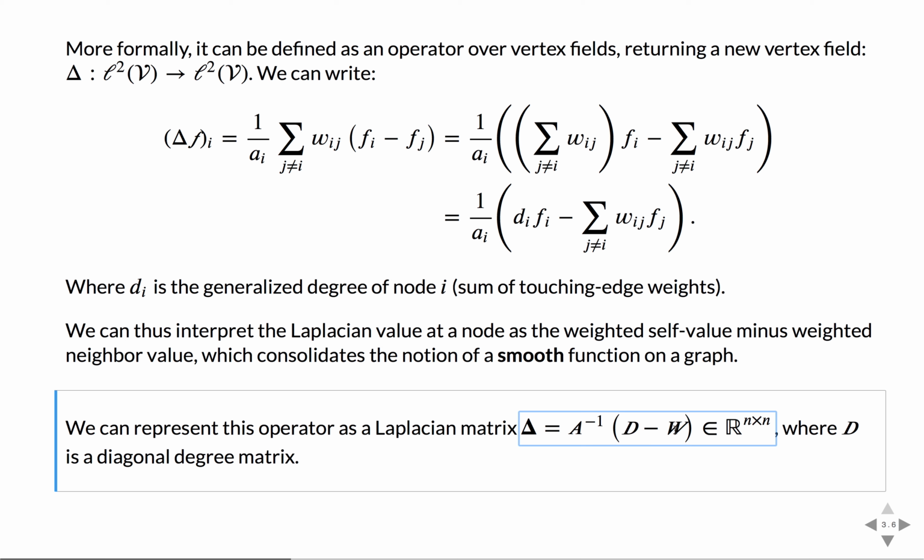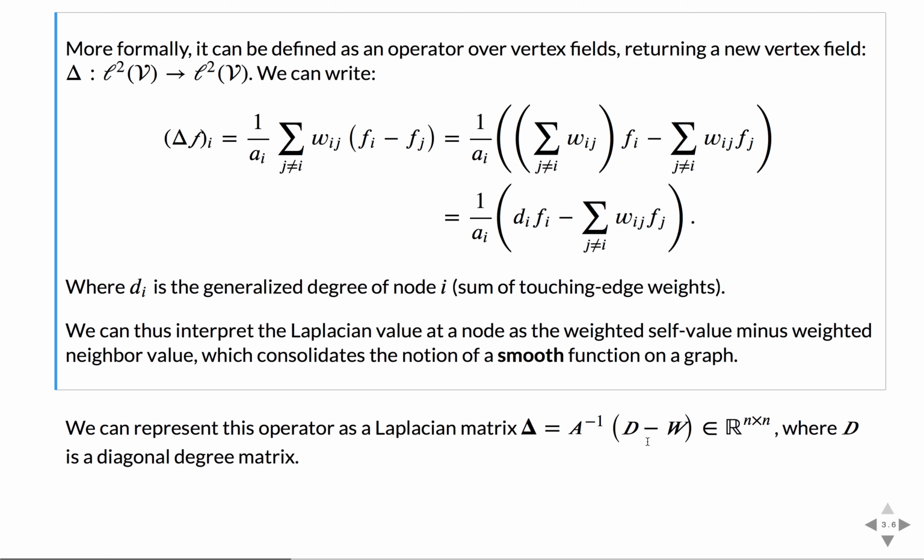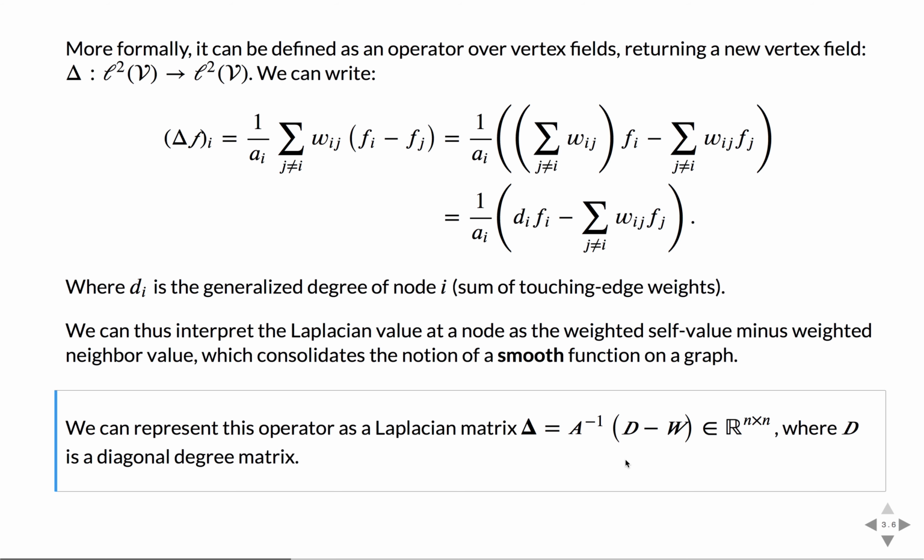Or, as you saw, there were other ways to normalize, which we'll see an example of when we see our application later. We'll see a different kind of normalized Laplacian. Okay, and this degree matrix is simply the sum of weights touching every vertex. So this is, for example, the element in the ith diagonal of the degree matrix. Okay, so this is the graph Laplacian.